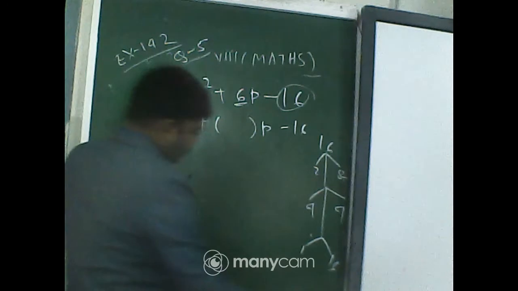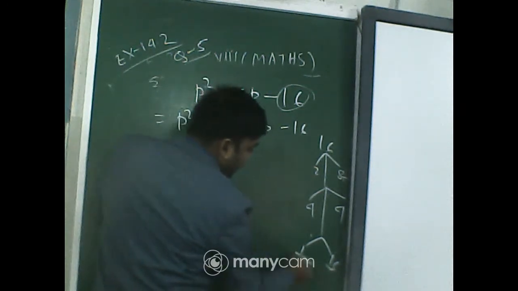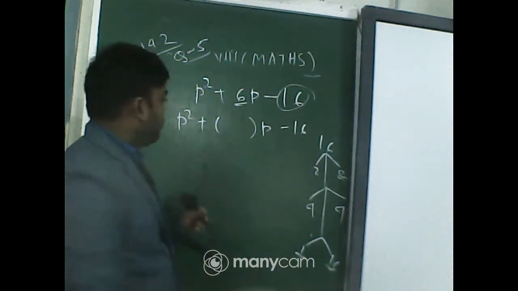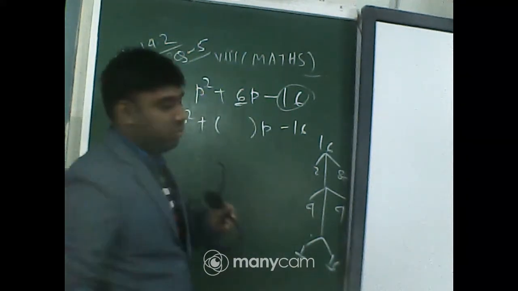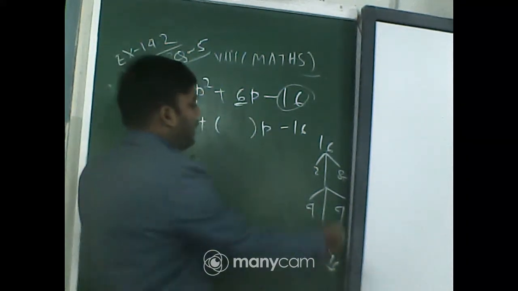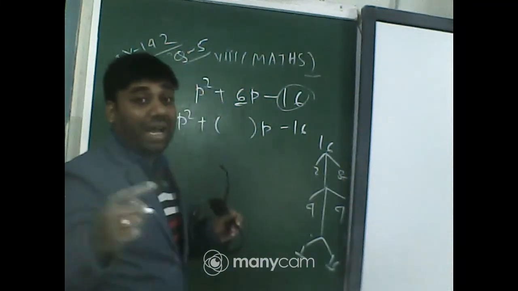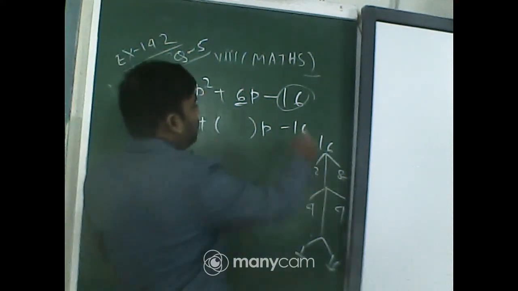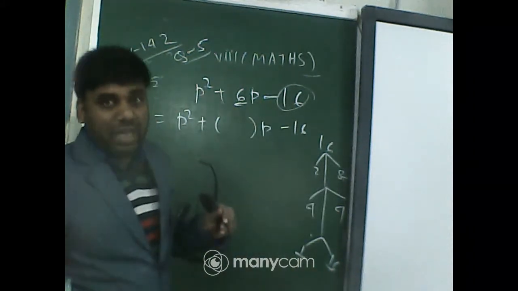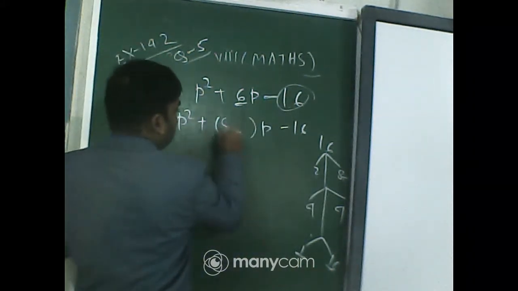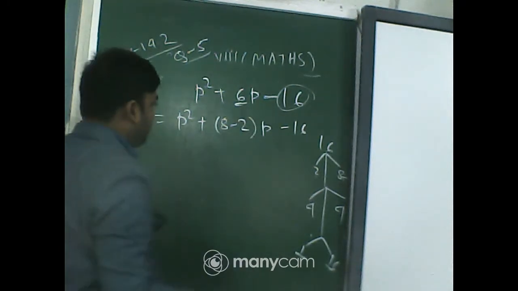If you subtract 16 minus 1, that is 15, it is not 6. 4 minus 4 is 0, that is not to be taken. 8 minus 2 is 6. Why am I using the minus operation? Because before the constant term minus is there. So that is 8 minus 2.